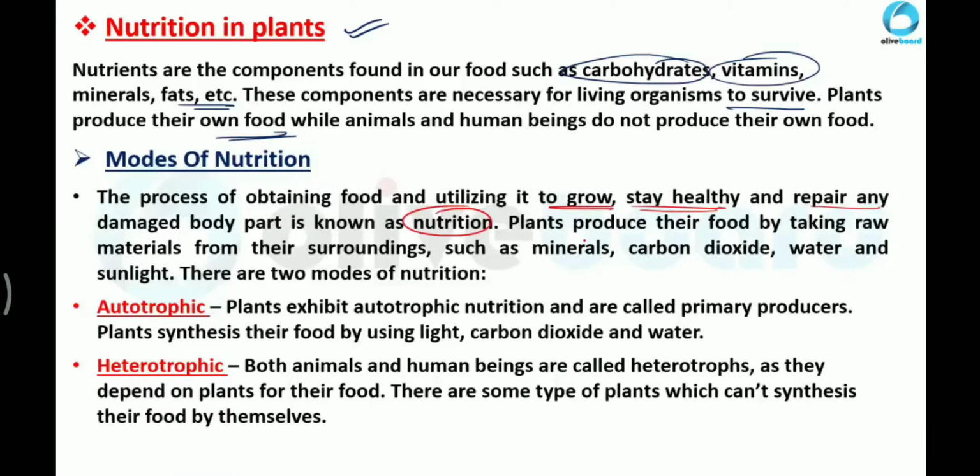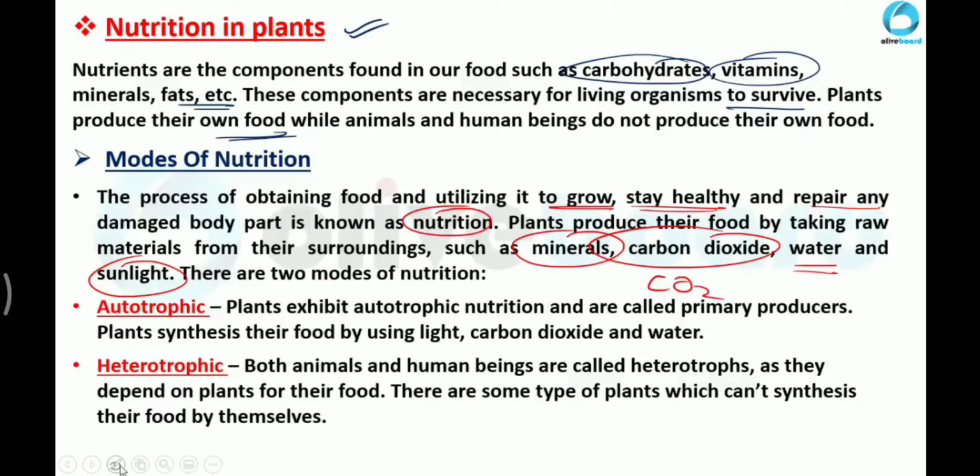Plants produce their food by taking raw materials from their surroundings, such as minerals and water from their roots, carbon dioxide from the atmosphere, and sunlight from the sun. So their raw materials are minerals, carbon dioxide, water, and sunlight.